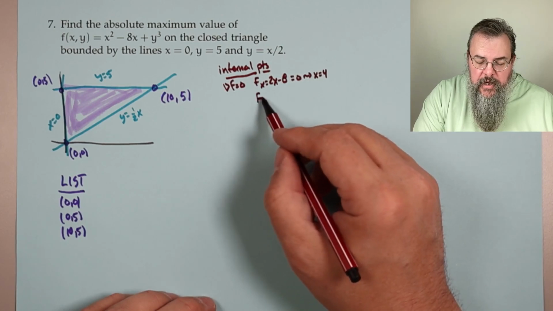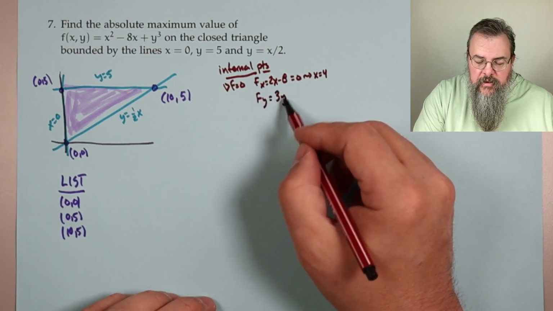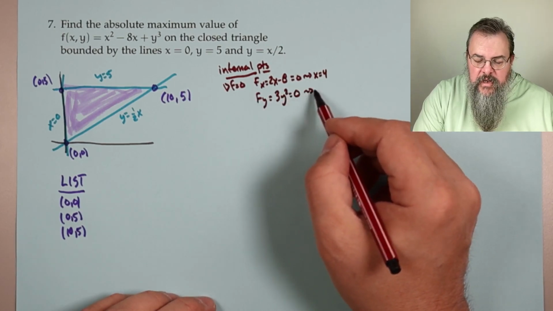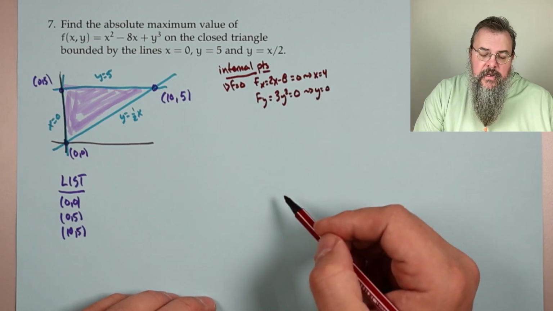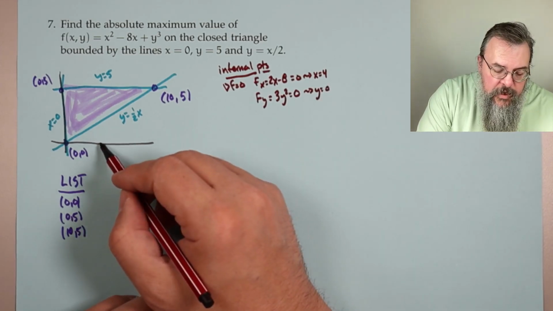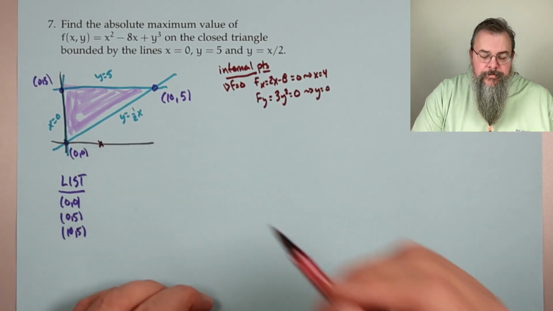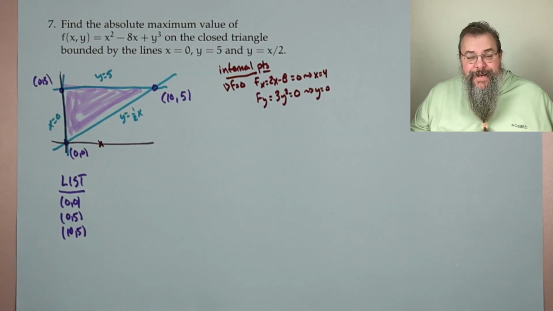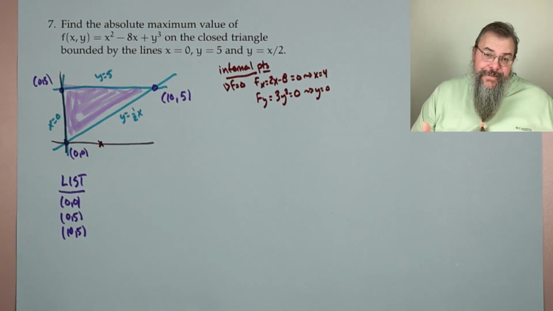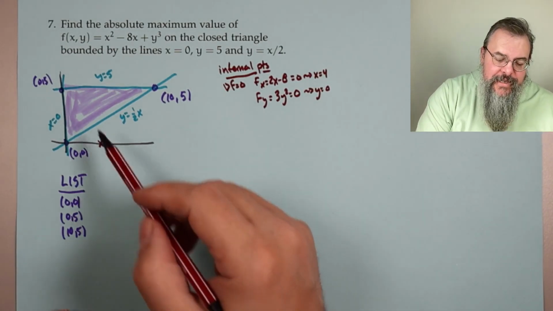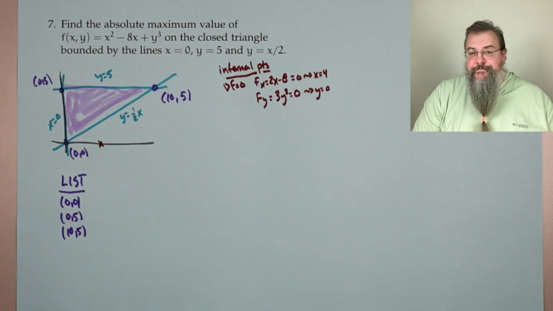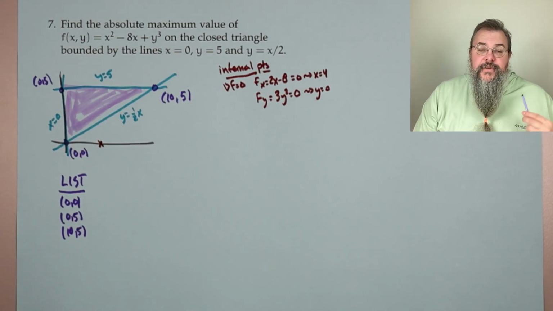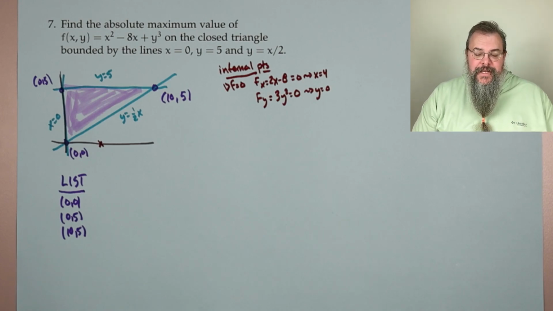And f sub y, which is 3y squared, we set that to 0. We get y equals 0. So we end up with the point 4, 0, which is over here. Do we care about that point? Not for this problem. That point is outside the triangle. Okay, well, great. So we don't need to worry about this. So there's no internal points.